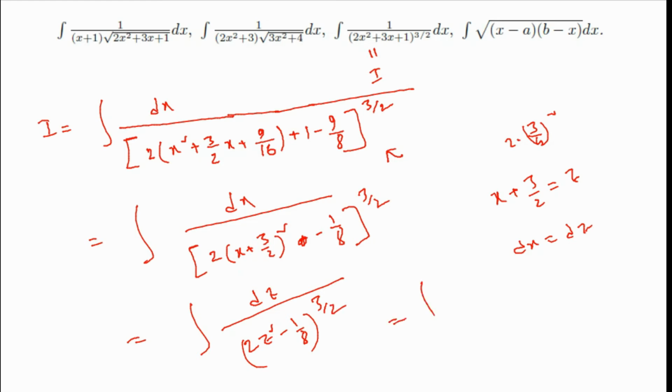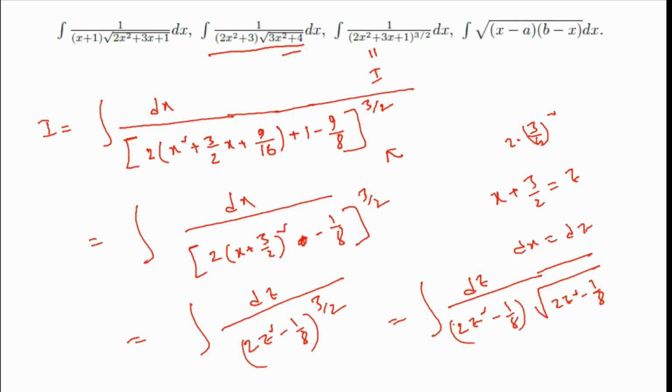That means integration dz into 2z square minus 1 by 8 into root over 2z square minus 1 by 8. And again, this is like the second one, and you can just put 2z square minus 1 by 8 equal to some z into w, and just proceed as usual.